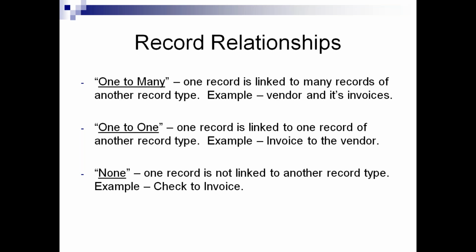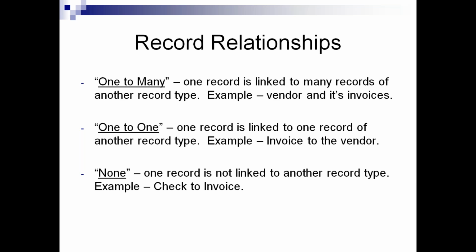And then the none relationship, this is one that you need to be aware of, where there is no relationship between records. However, you can build a formula that we talked about in our last report designer class, where you use a lookup function to create that record relationship.